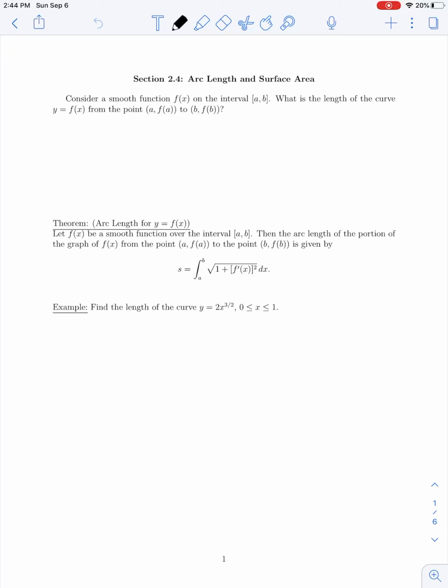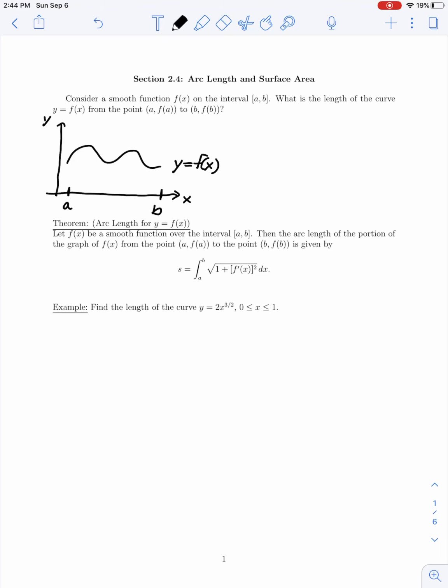So let's try to visualize what we're interested in here. Suppose that we have in maybe the first quadrant of the xy plane the graph of some smooth function, y equals f of x. And I'm looking at the graph of this function on some interval from x equals a to x equals b.